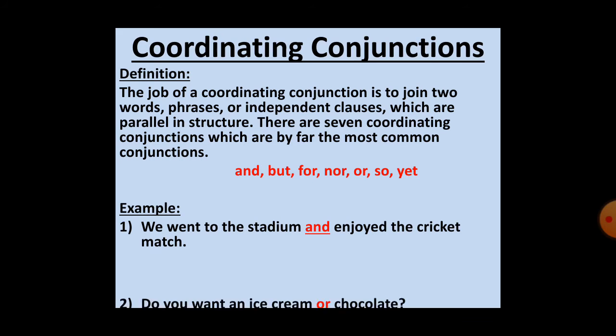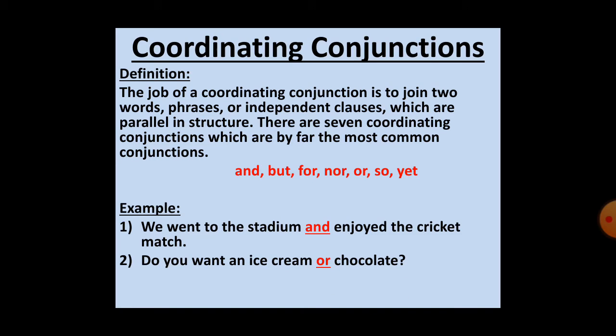Okay students, so do you want an ice cream or chocolate? So chocolate and ice creams are nouns and they are connected with the word or. When we want to select from two things, there we use this coordinating conjunction. Go away and never come back. So here and connects two main verbs together, and this is our coordinating conjunction.